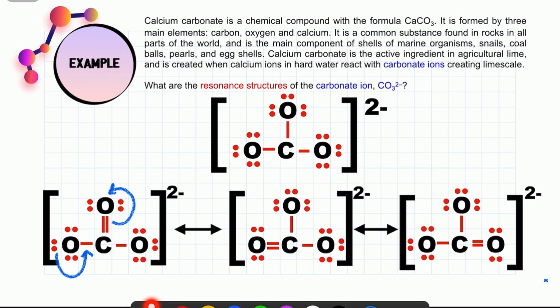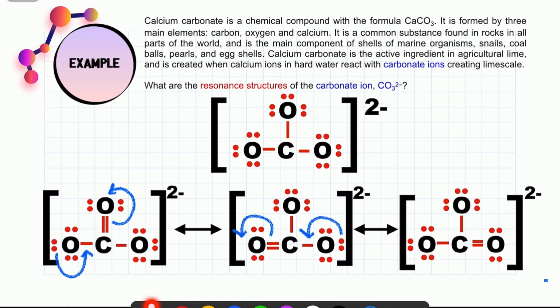And actually this one can form the third structure when the bonding pair between this oxygen and carbon is used to form a lone pair on the oxygen.